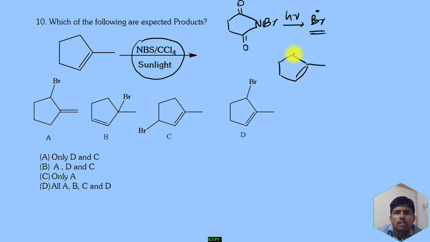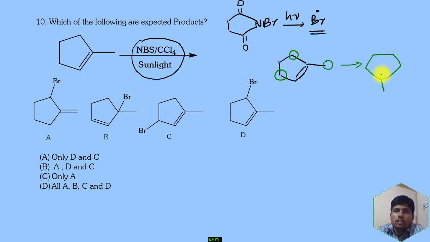Now allylic positions are to be activated because that's how the reaction will take place. This is one allylic position, this is one allylic position, and this is one allylic position. All three allylic positions can give rise to a free radical, so please note this, it is possible to have three types of free radicals.